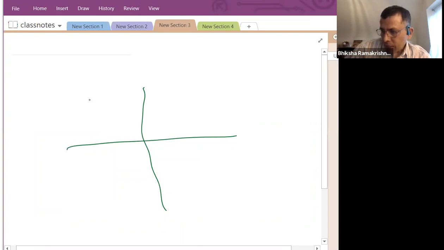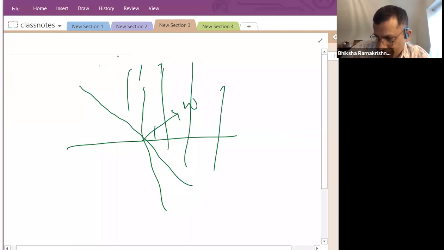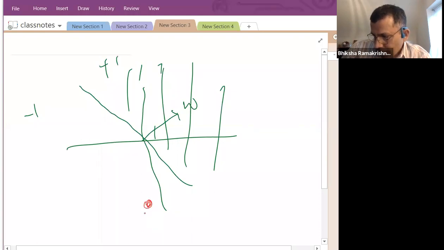I started off with some initial weights vector W. According to this weights vector, this side is the +1 side and this side is the -1 side. Now I got this one instance out here, and this belongs to the class +1. Since it belongs to the class +1, it is being misclassified, right? Now, what is the ideal weights vector for this guy?